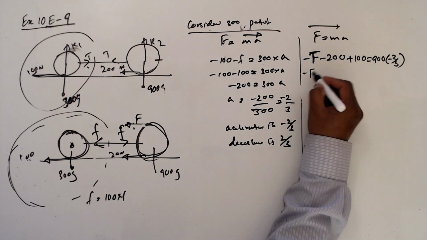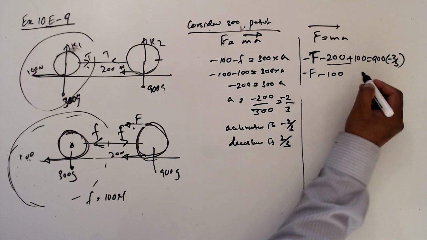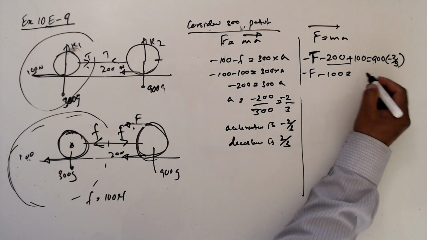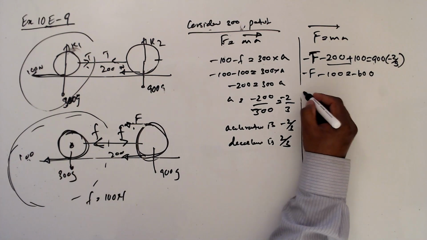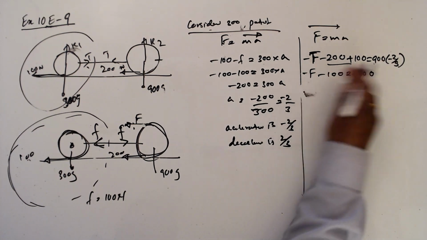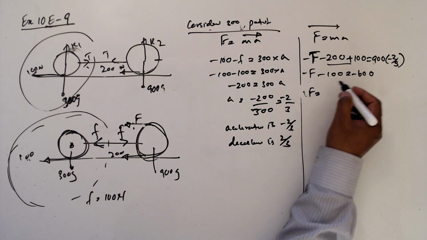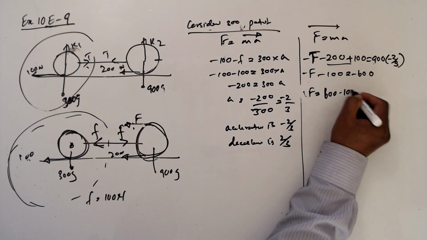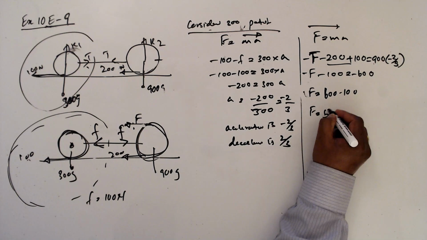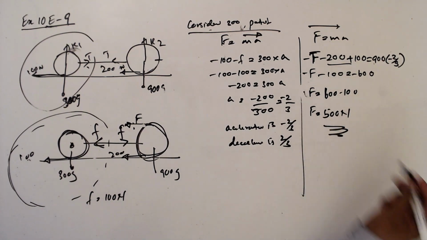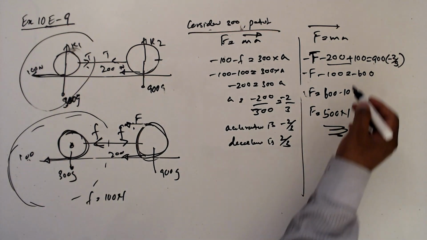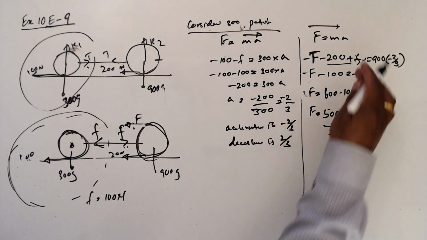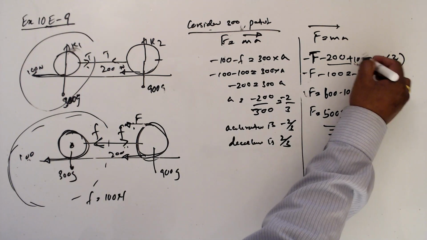So minus F minus 100 equals 900 divided by 3, 300, times 2, minus 600. Bringing F to the other side, 600 minus 100, so F equals 500 Newton. This 100 is the thrust we know.